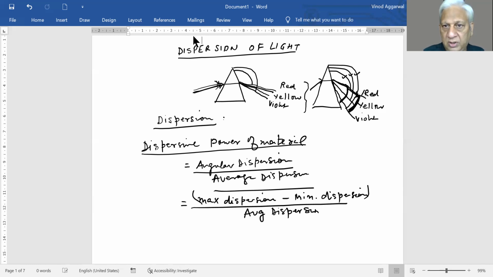We are not talking about the actual value, but the difference. So from the maximum, this value, we have subtracted the minimum dispersion, and this angle is maximum dispersion. So you can take this way or this way, it amounts to the same thing.